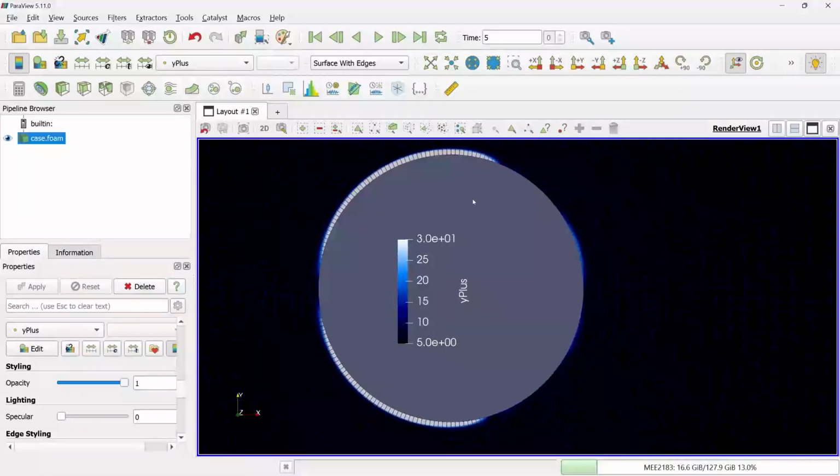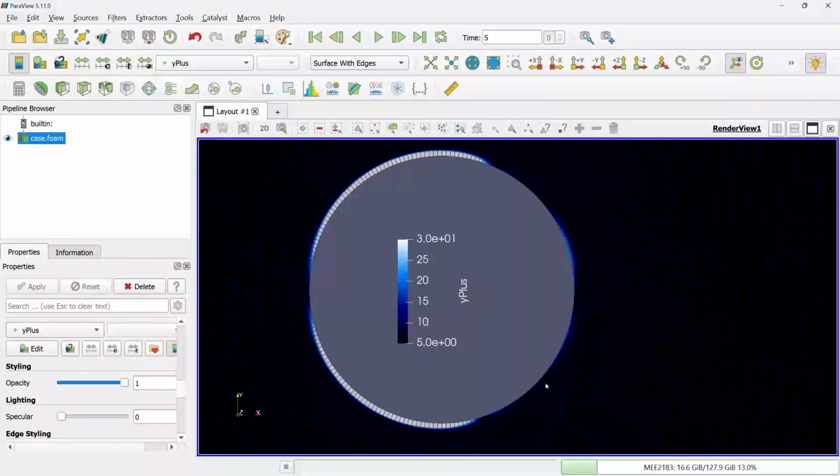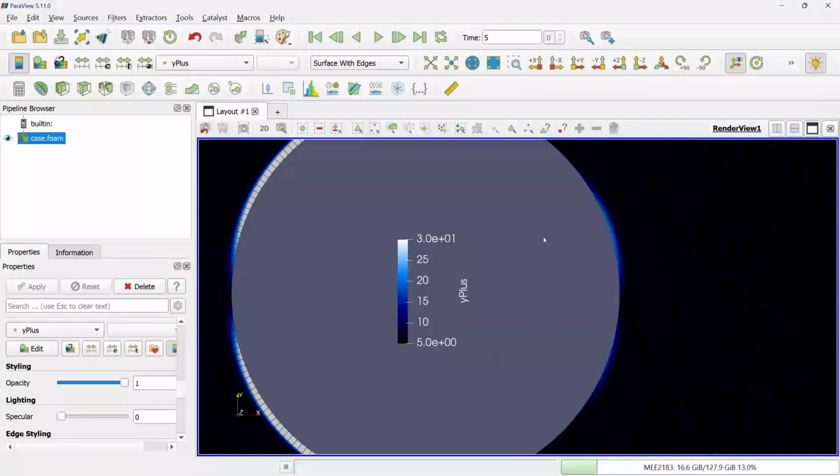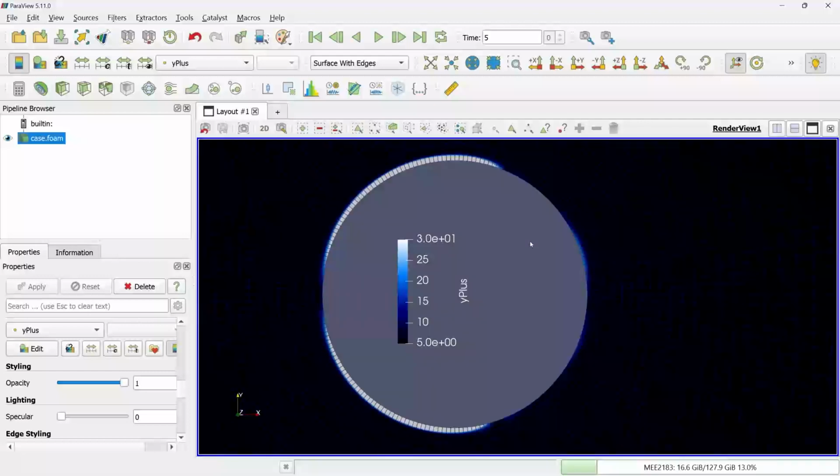So even if we have an average y plus of, let's say, 38 around the boundary of this cylinder, it'll be difficult to get every place to have a good y plus value for using the wall function.